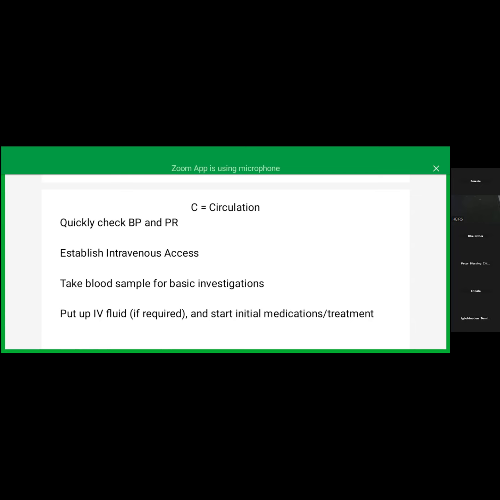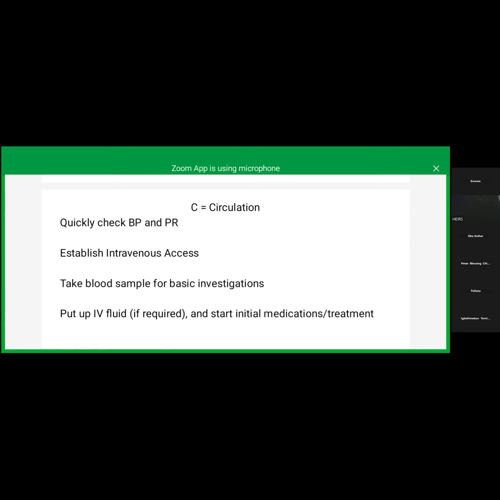When a patient comes to the hospital, accident and emergency unit, there are some investigations that are considered basic. You need to do them for that patient. They are basic investigations, you must do them. After we have taken the sample for these basic investigations, the next thing we are going to do is to put up IV fluid if it is indicated.